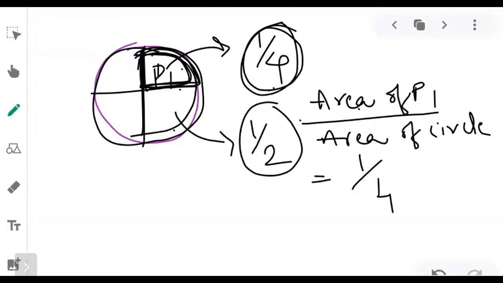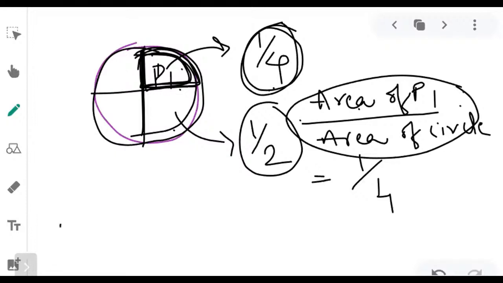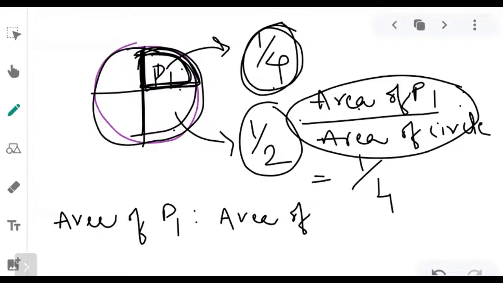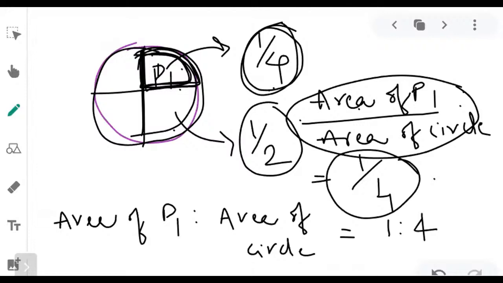This can also be written as area of P1 is to area of circle is equal to 1:4. We've all known fractions since like 6th class. So my ratio is just another notation of a fraction.